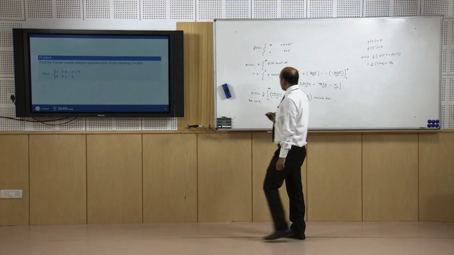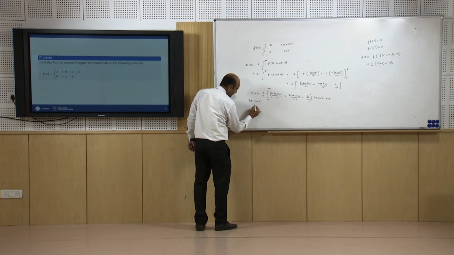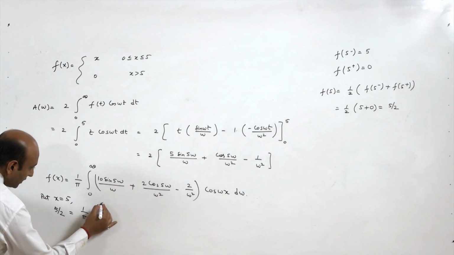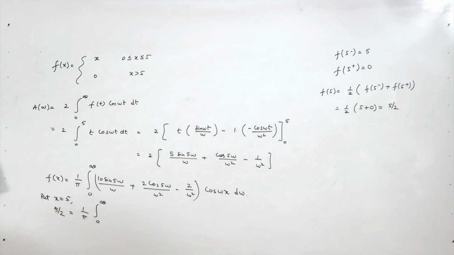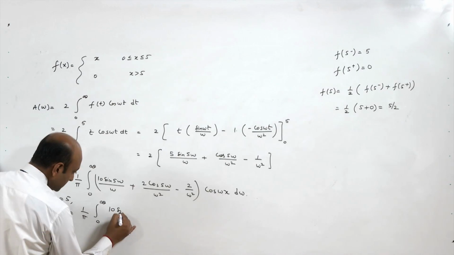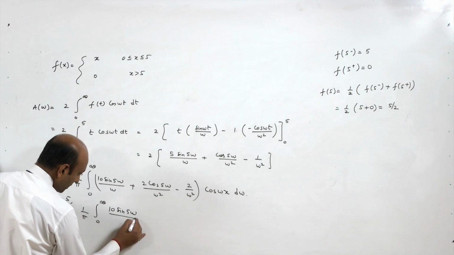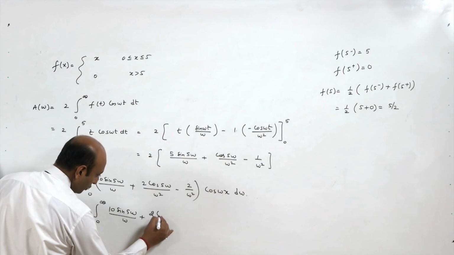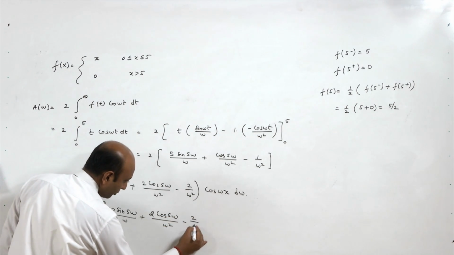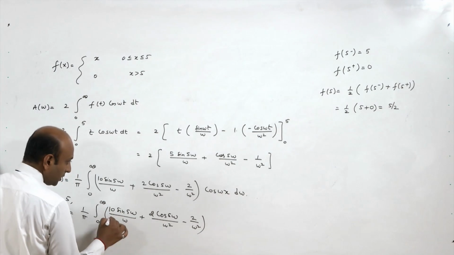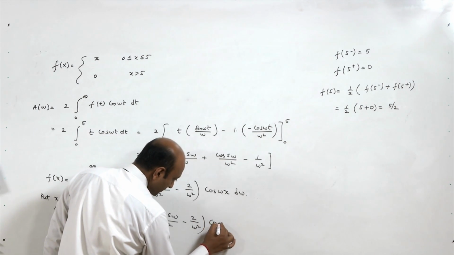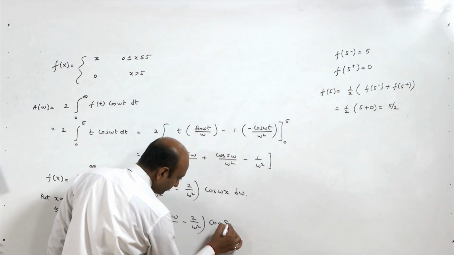So, the left hand side is 5 by 2 and the right hand side is 1 upon pi times the integral from 0 to infinity, when you substitute x equal to 5, of 10 sine 5 omega upon omega plus 2 cos 5 omega upon omega square minus 2 upon omega square, into cos 5 omega d omega.